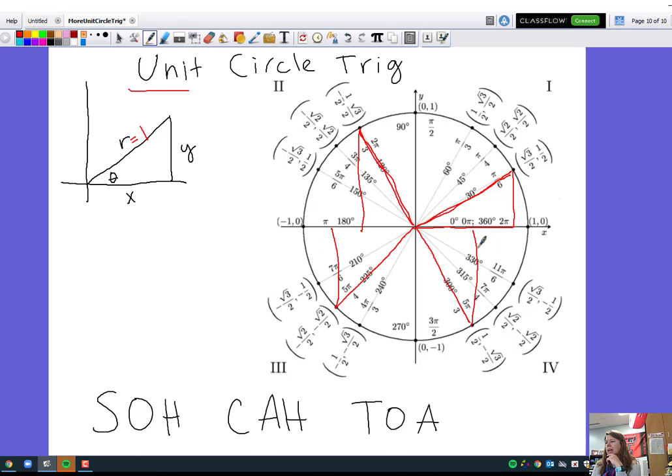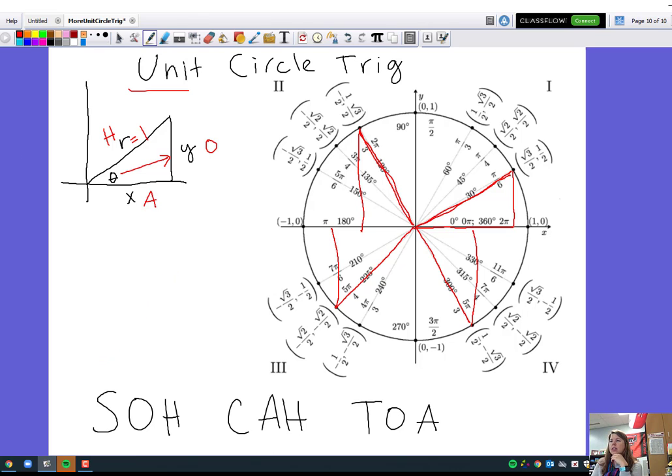What we're doing here is looking for sine, cosine, and tangent. If this is my angle measure, this is my opposite, and this is my hypotenuse, and the side that is part of that angle measure, like we talked about earlier this week, is my adjacent side. Sine, cosine, and tangent can be written in a new way.